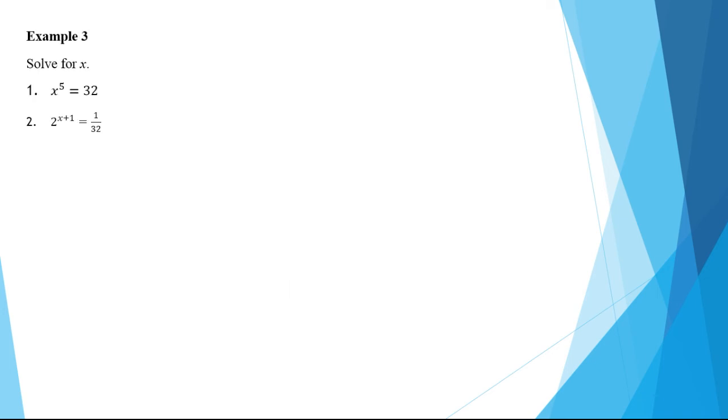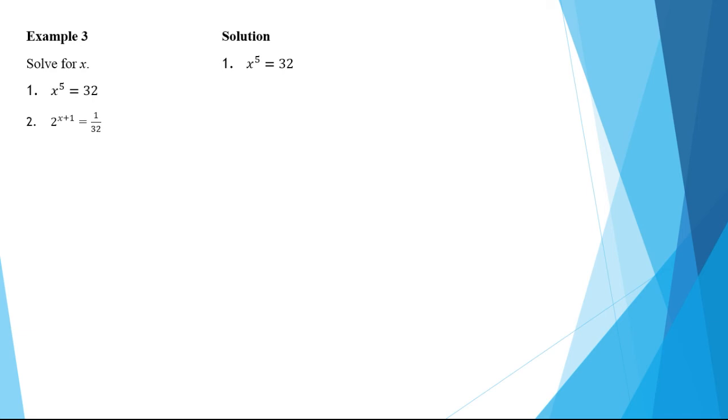Alright, let's look at how we can apply the laws of indices to solve equations involving indices. So, for instance, x^5 equals 32. How do I solve for x? Very simple. I'll just rewrite the 32 in index notation.